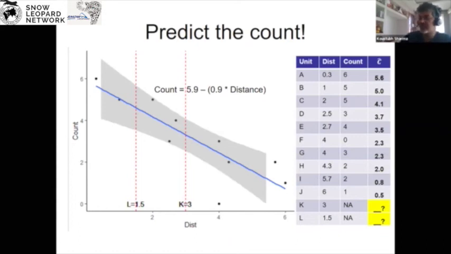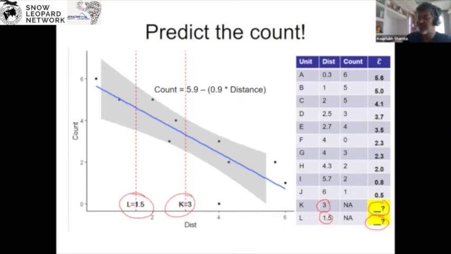For example, there were two new sampling units, K and L. We've only done till J. If there was K and L, I know the distance from the river. Can I predict how many animals might be there? Can someone tell me?